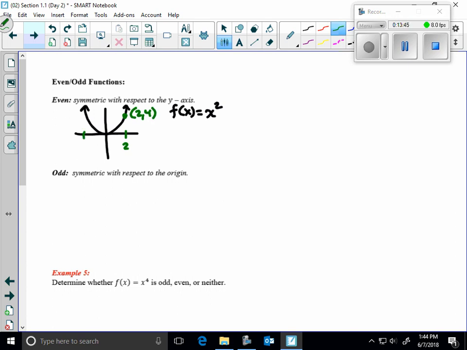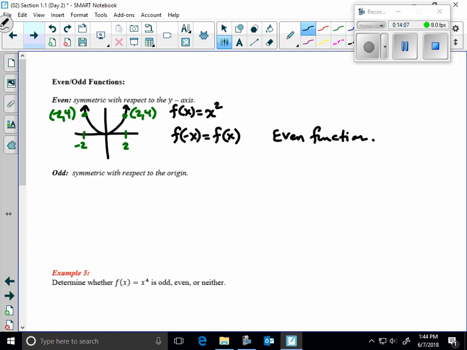What's true about even functions is that if I plug in a negative 2, I still get out that same output. So what's true about even functions is that f of negative x has the same output value as f of x. That's the definition right there of an even function.